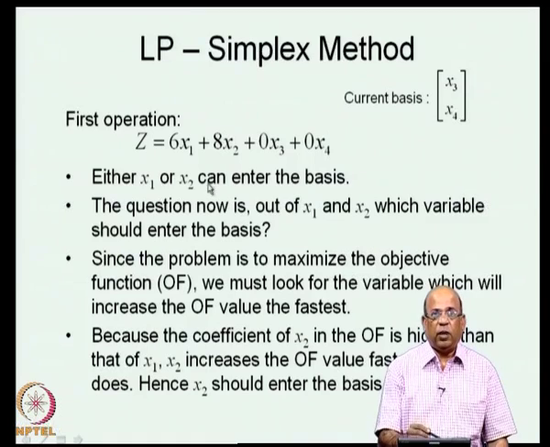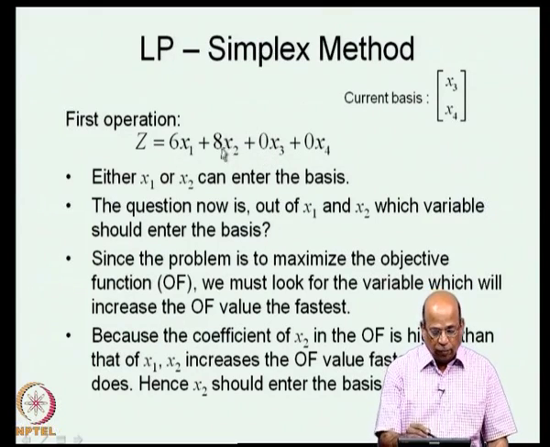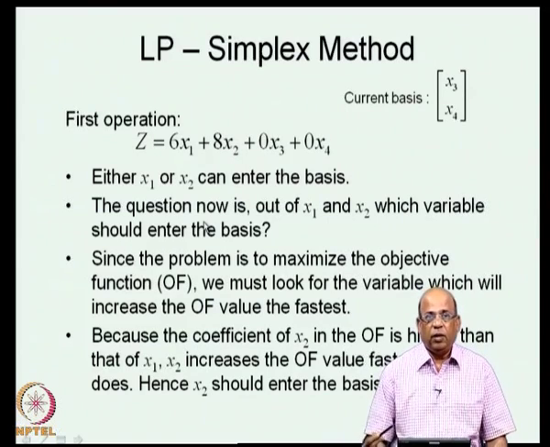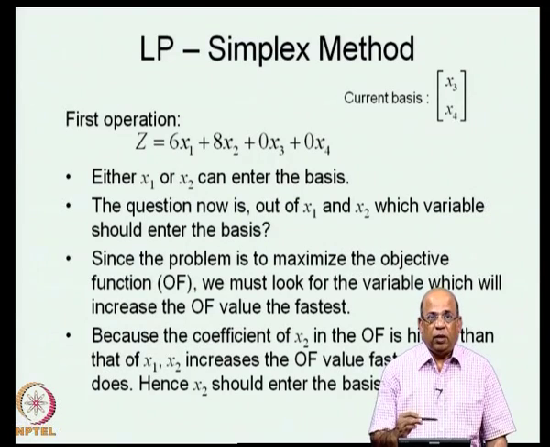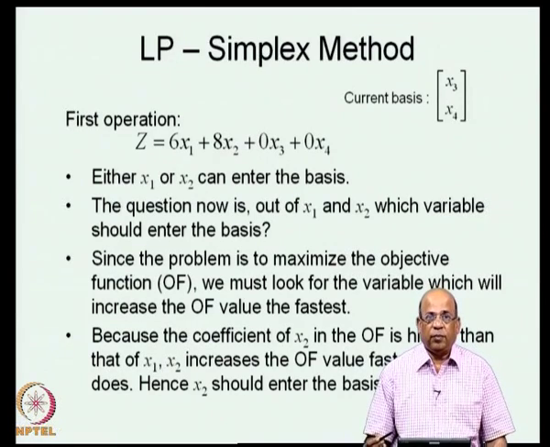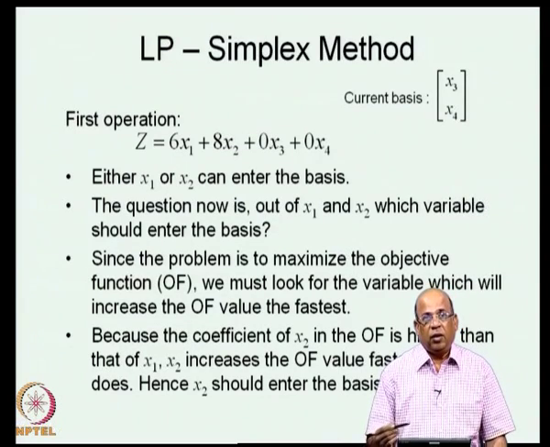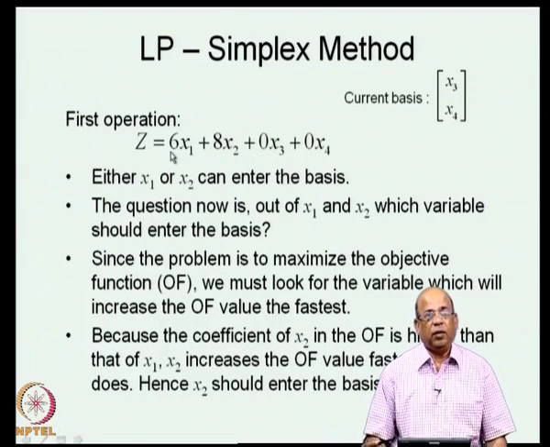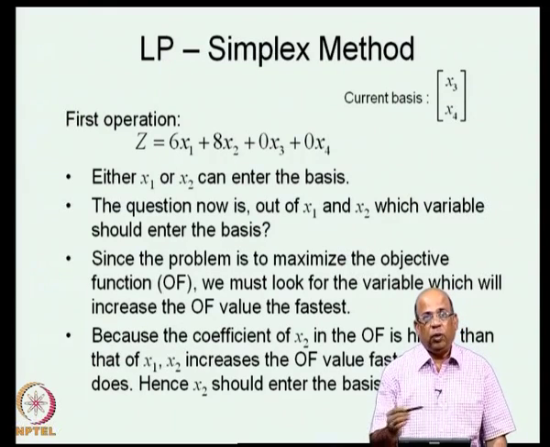So, which variable would you bring in? If you bring in x1, then the rate at which z will increase is 6 times the value of x1. Whereas, if you bring in x2, the rate at which it will increase is 8 times the value of x2, and therefore, the rate at which z increases will be higher if you bring in x2 compared to x1, and therefore, you will bring in x2 here into the basis.